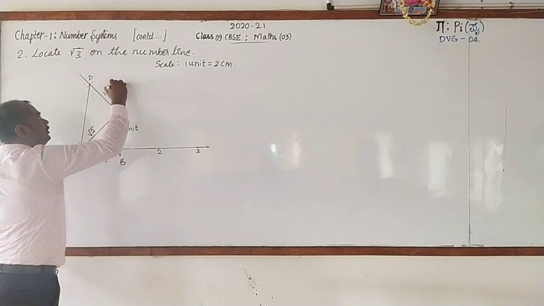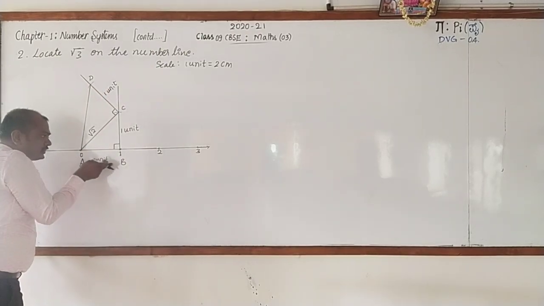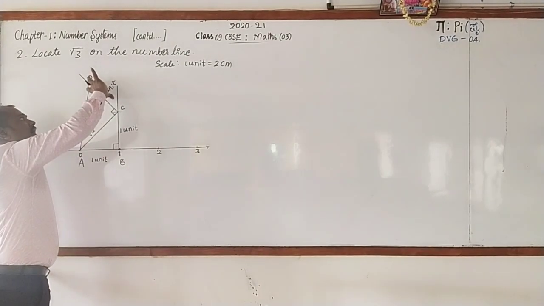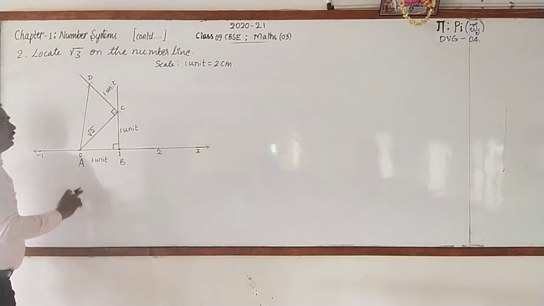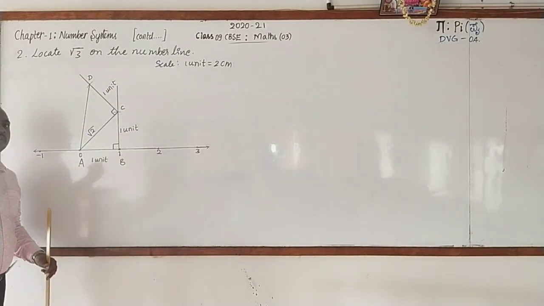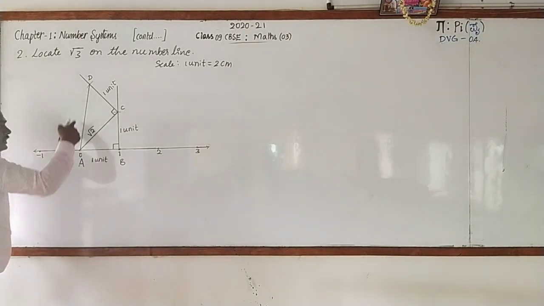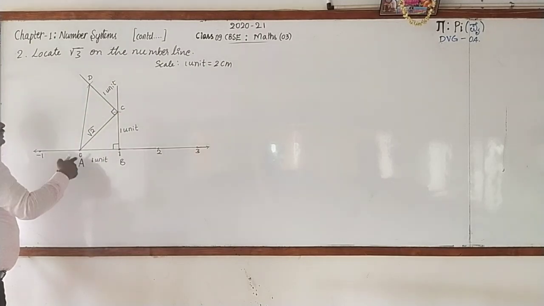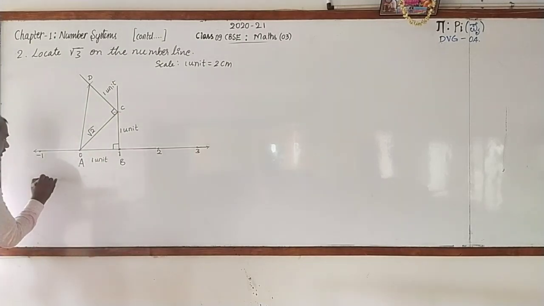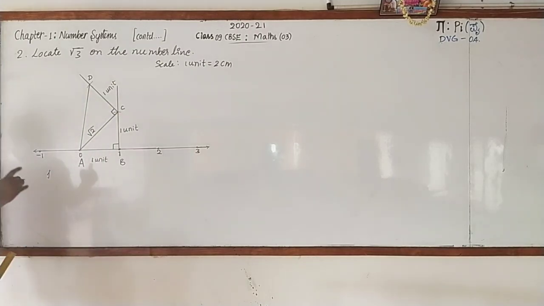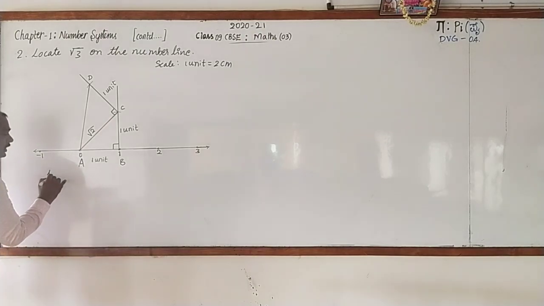Now, what about CD? CD is 1 unit. Please remember, this is 1 unit, this is 1 unit, and CD is also 1 unit. What about AD? Can we say that it is root 3? We do not know. So we will check whether AD is root 3 or not. Hence, we will use the Pythagoras property that we learnt in yesterday's class.